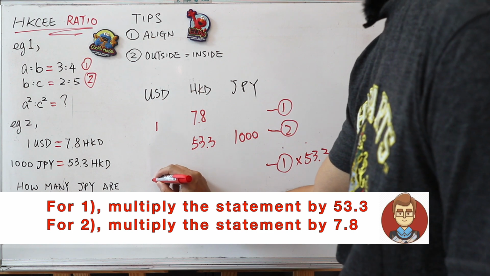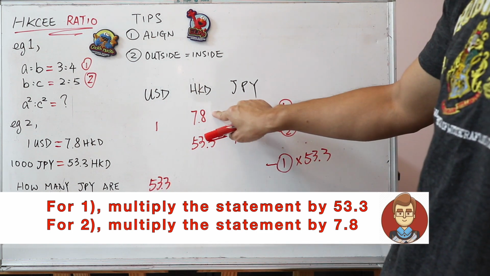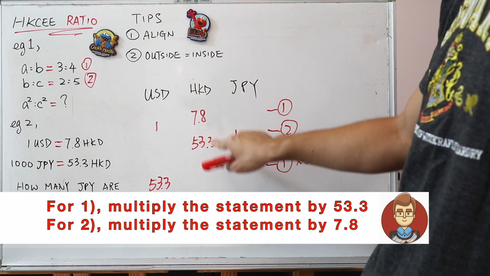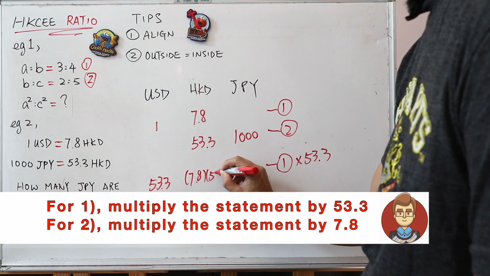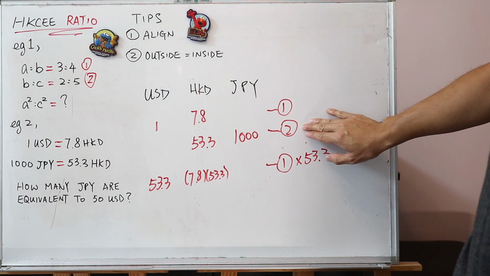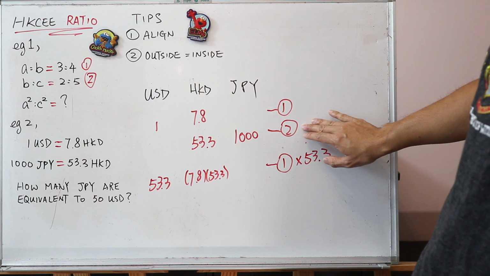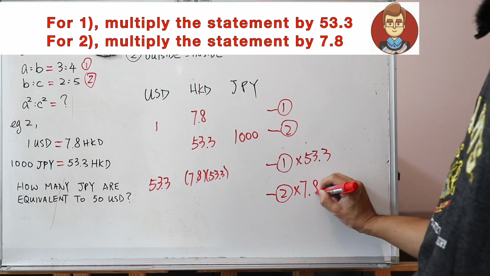The USD column becomes 53.3, and this HKD column becomes 7.8 times 53.3. So for proportion statement number 2, we want to multiply this by 7.8. Okay?